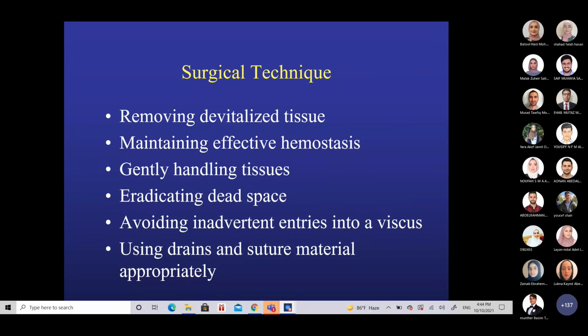Tissue handling during surgery: if you are handling tissue improperly, you are traumatizing tissue, increasing the chance of devitalized tissue, and therefore increasing the risk of infection.